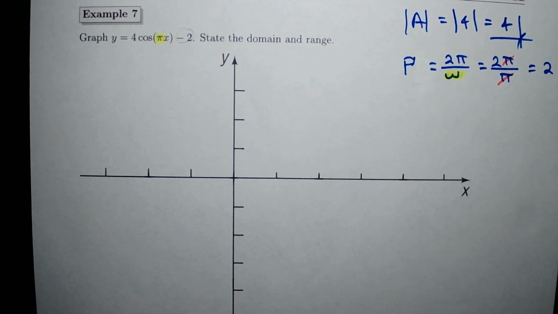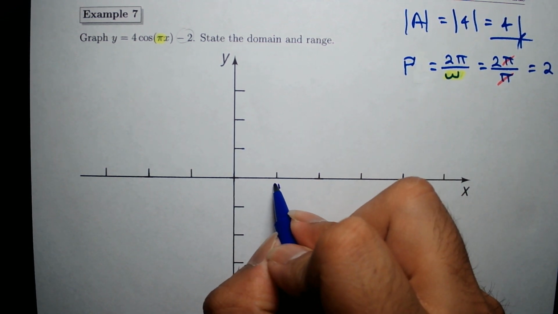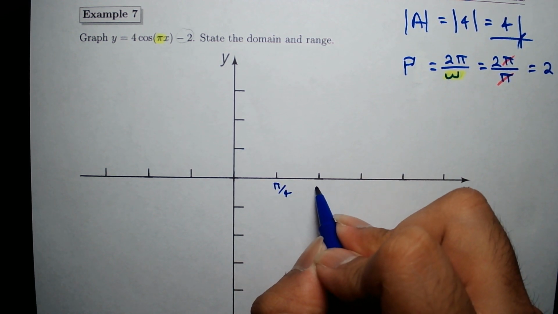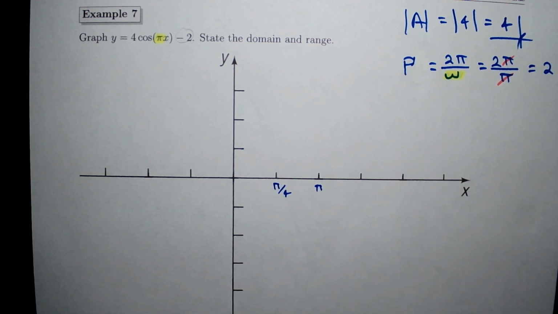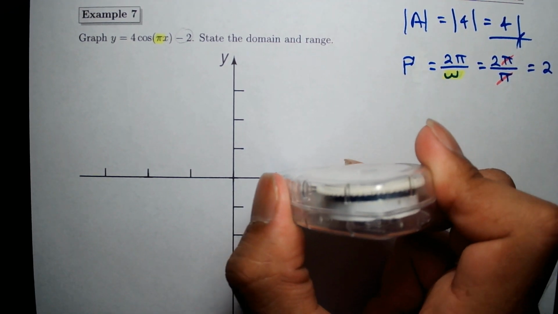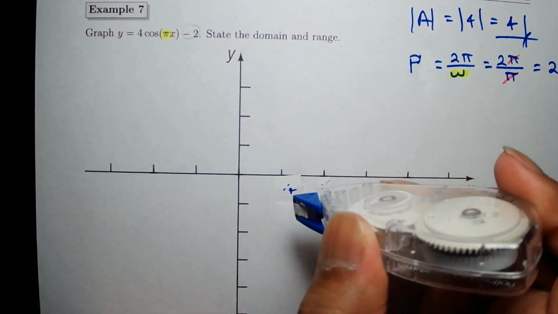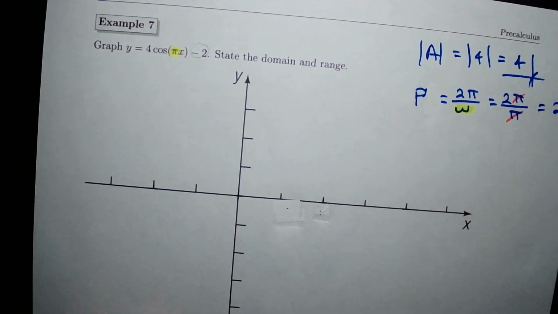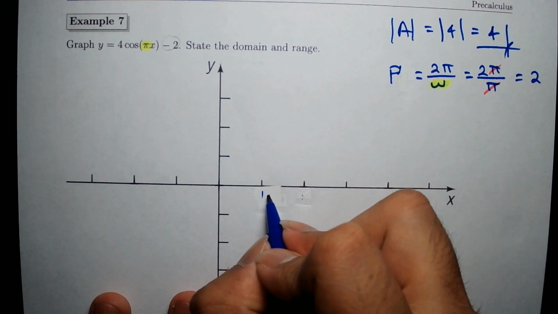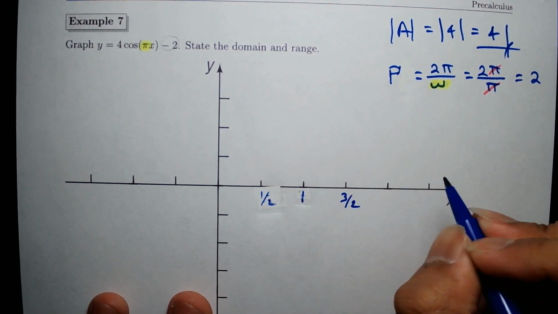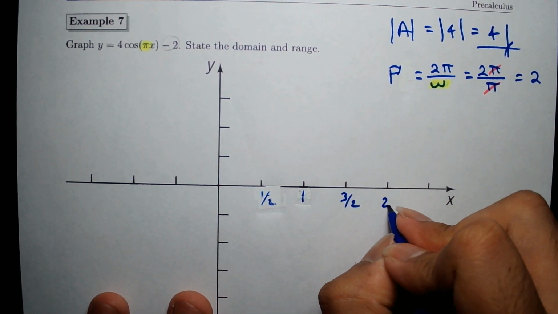Let me label this as pi over 4, pi over... oh wait, not pi's. In this case, there's no pi's involved. Let me use just fractions: 1/2, 1, 3/2, and 2.